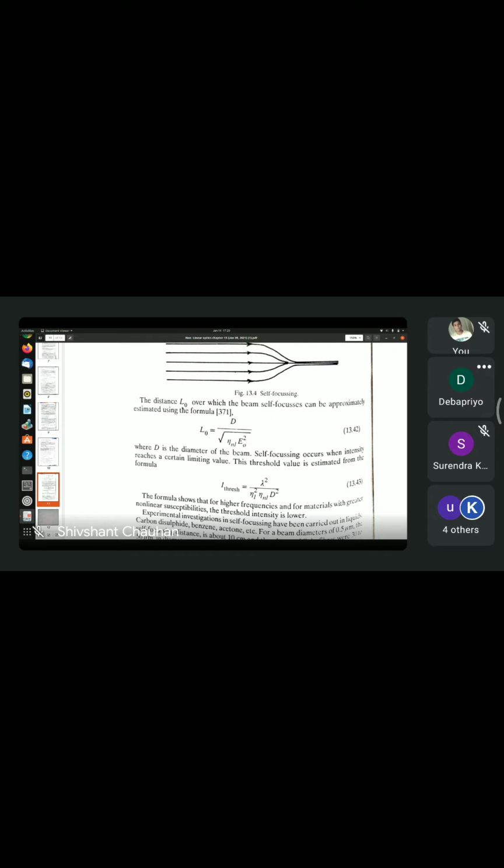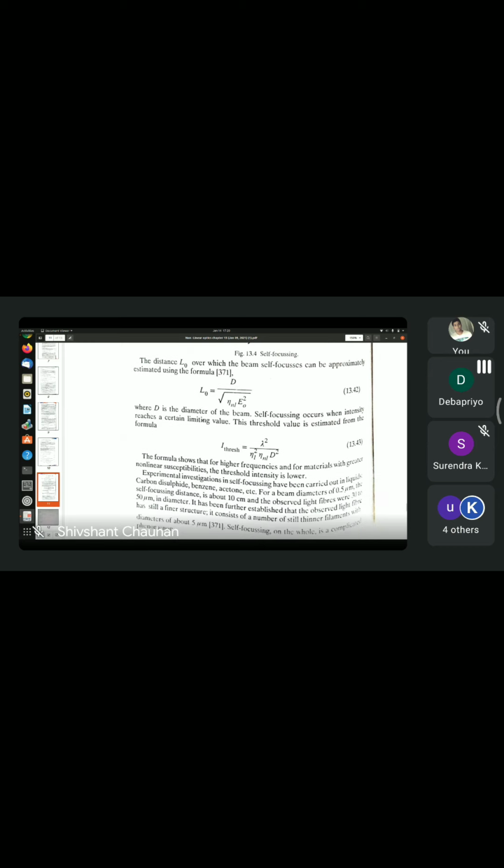And in the last equation of this chapter, they say that this phenomenon is seen only when the intensity of the incident beam exceeds a certain threshold value, which is given by lambda square by eta L square eta nl d square. So it means that if you have an incident beam of smaller wavelength, that is higher frequency, and a larger diameter, that is d, the threshold is lower.